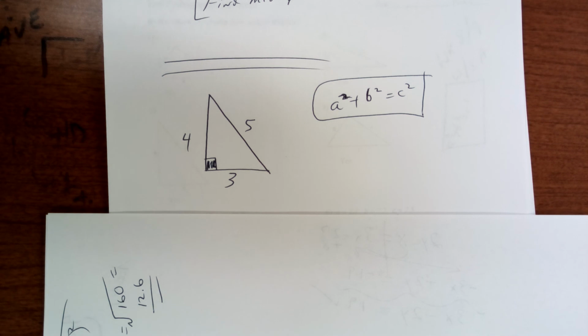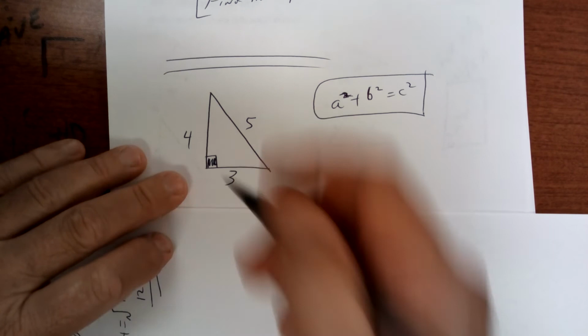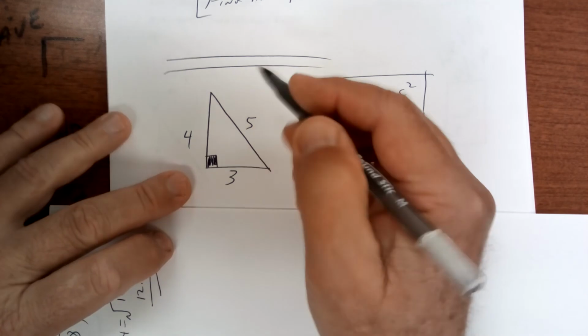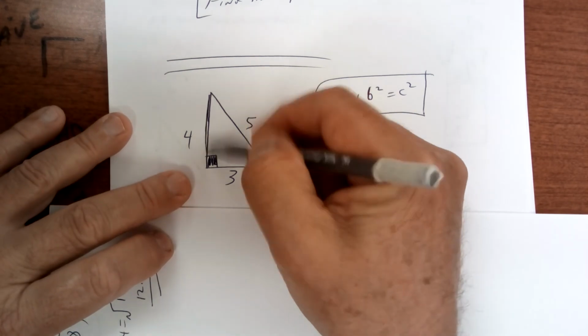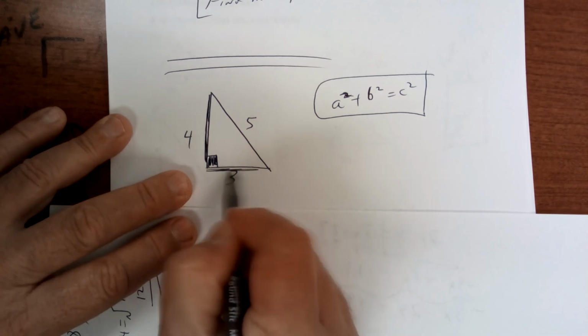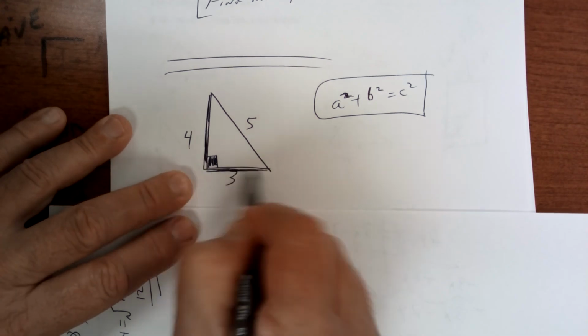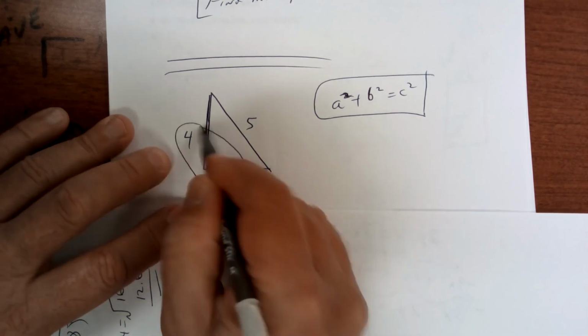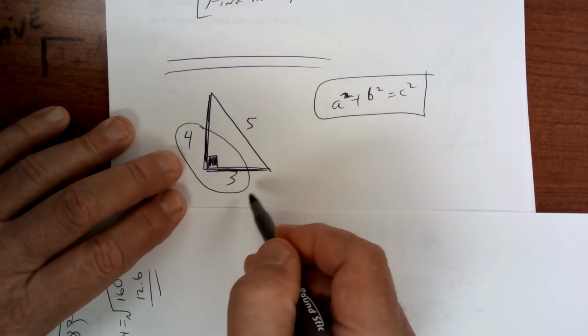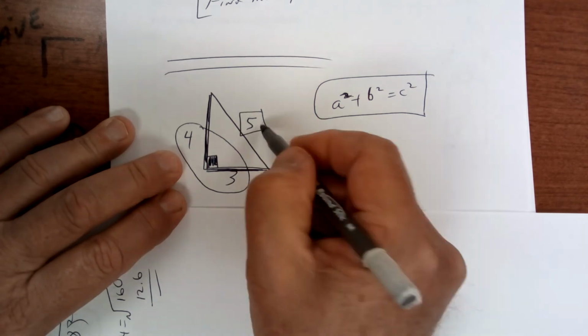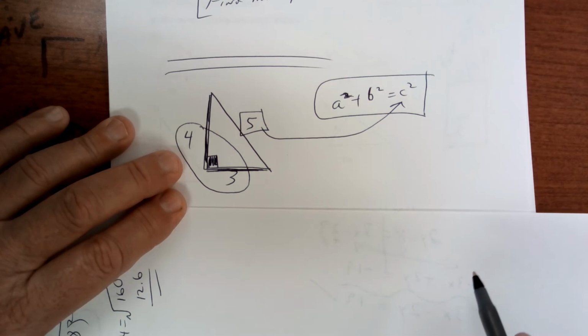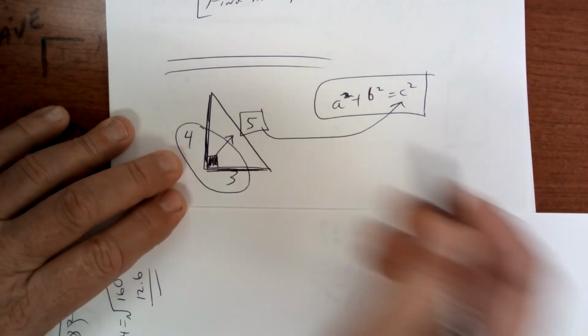Okay, so what we're going to do here is we're going to go ahead and work this out, and to do that, you're going to go ahead, color the box. Now you see how this one forms an L right here? See that L? That L represents the sides. That's your A and B. This one is your hypotenuse, which is C. Okay, always that way. Across from the box is the one that goes alone.